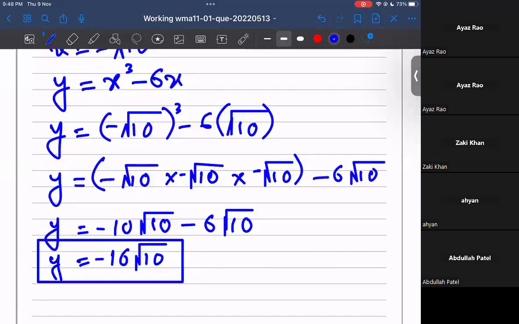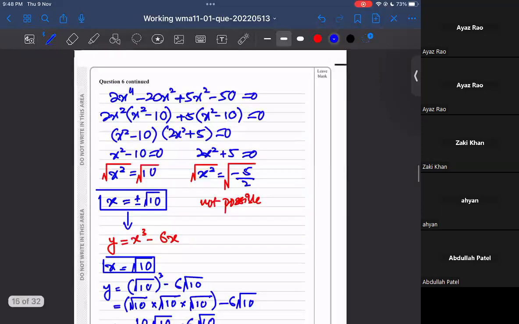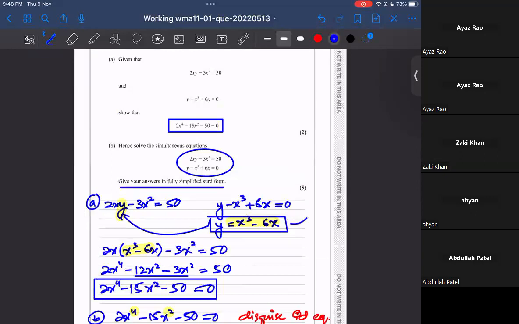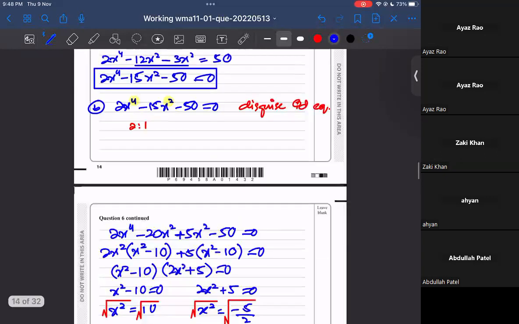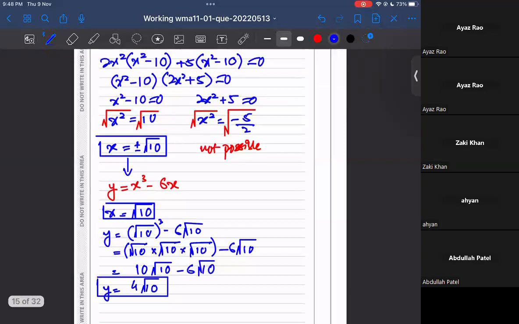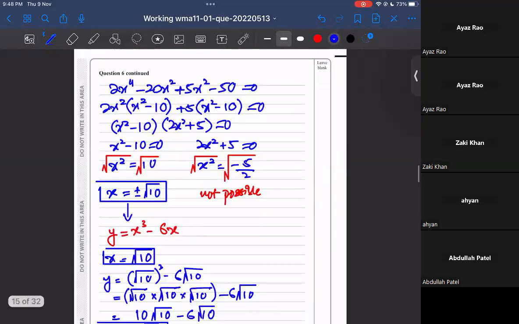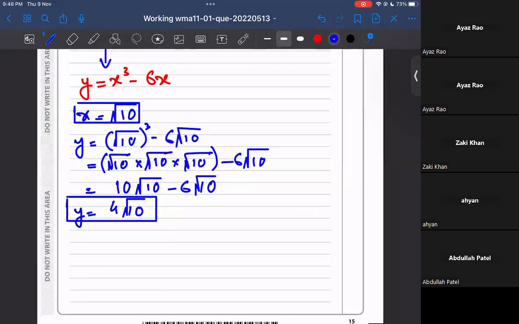You have the value of x, you have the value of y now. ये आपके पास एक और कॉम्बिनेशन निकल कर आ गया. अच्छा एक there's one by mistake. यहाँ पर this is going to be minus root 10.